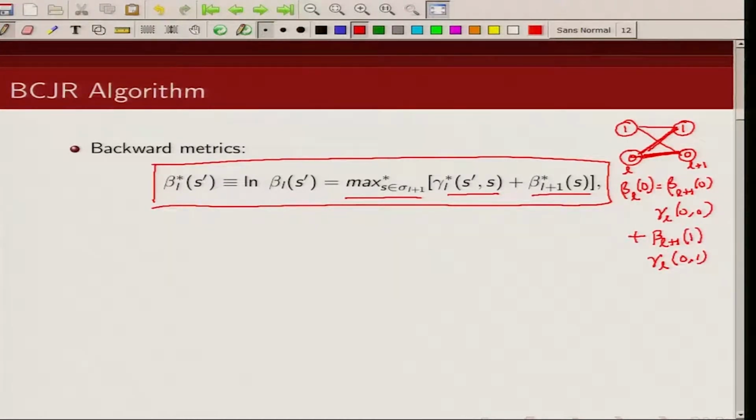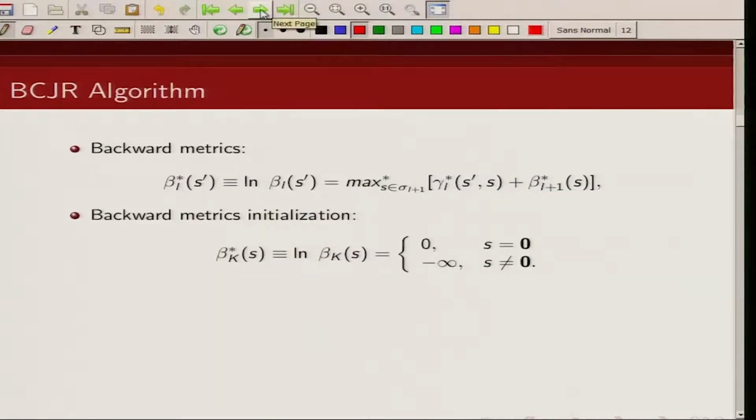This we have already studied when we did the BCJR algorithm. We are just rewriting the expression in terms of log, so that our addition term here becomes the max star operator, and the product term here that you see becomes an addition term.